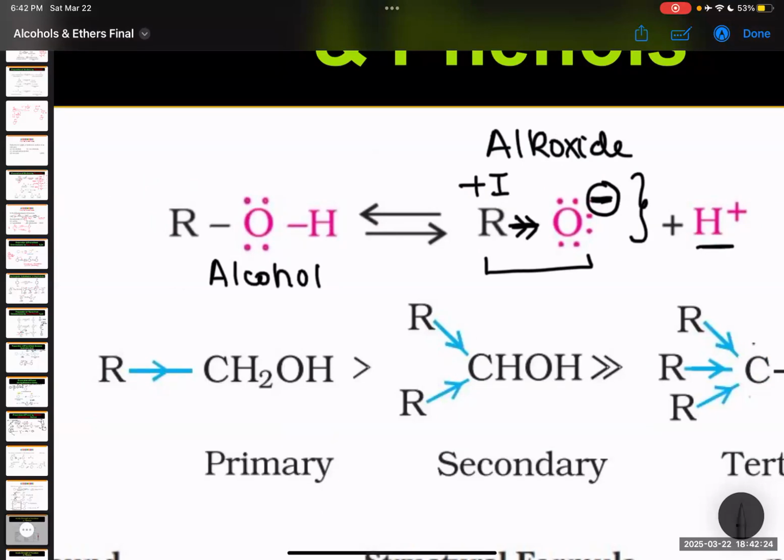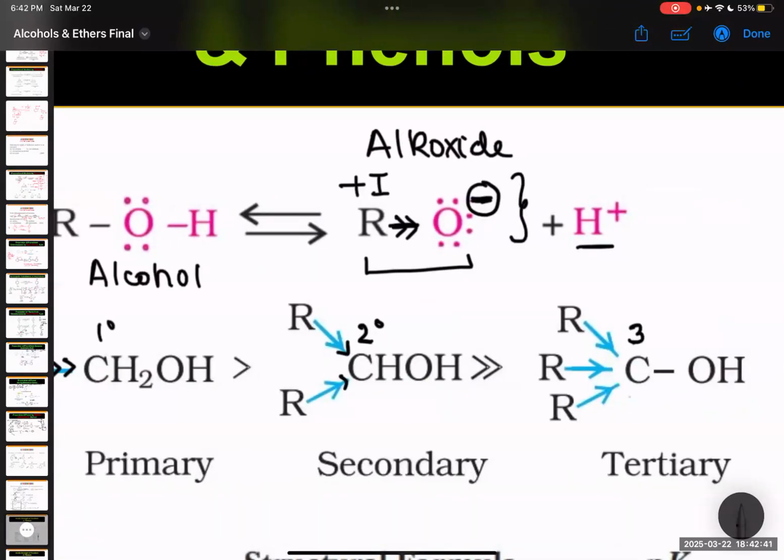So what I mean to say over here is, the bigger the alkyl group, the more will be its inductive effect. This is primary alcohol, this is secondary alcohol, this is tertiary alcohol, which has inductive effect or plus I effect coming from three sides.